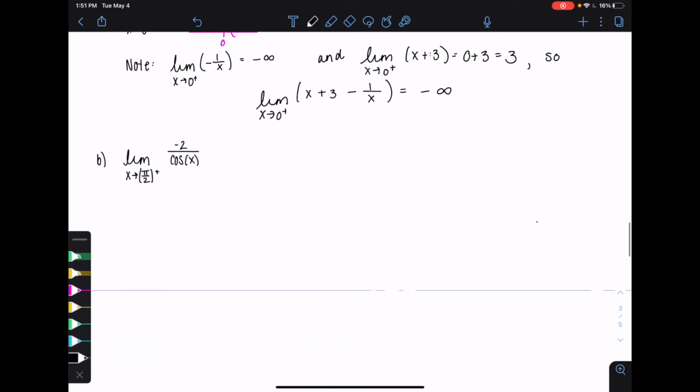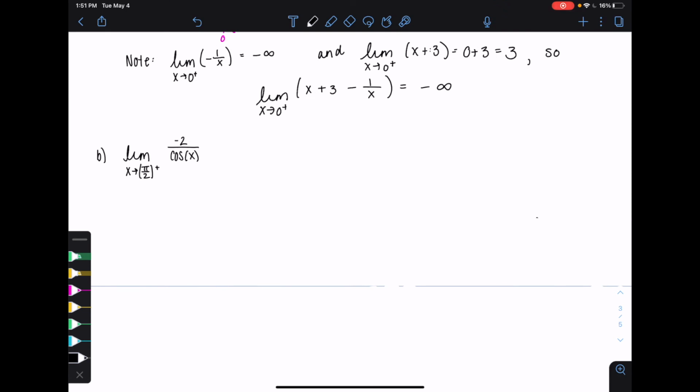All right. Let's try looking at this one. We've got the limit as x approaches pi over 2 from the right of -2 over cosine of x. And so here I've got to dissect into the cosine graph, so I'm going to go ahead and graph it here. You want to be really comfortable with your sine and cosine graphs and evaluating these.